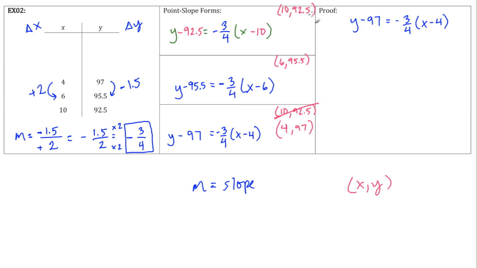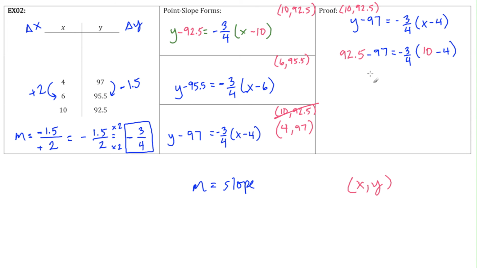Oh, 1092.5. Okay, so it's going to say 10 here and 92.5 here. So minus 97 equals negative 3 over 4 times 10 minus 4.